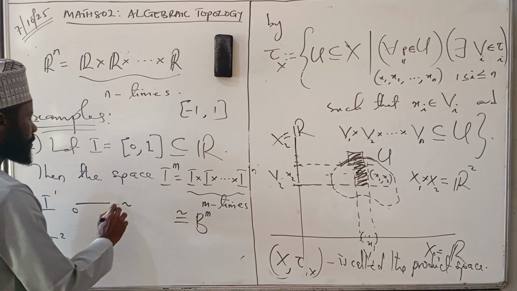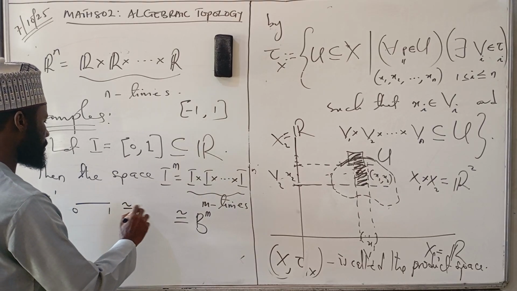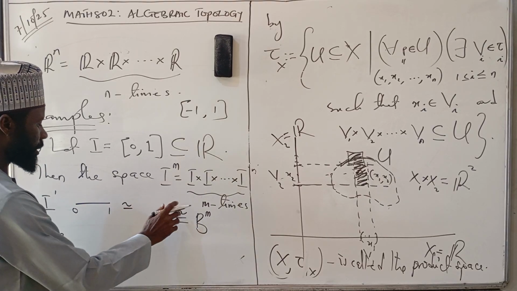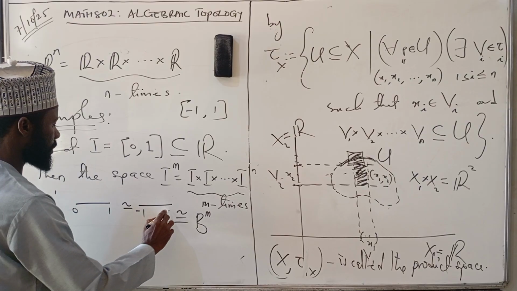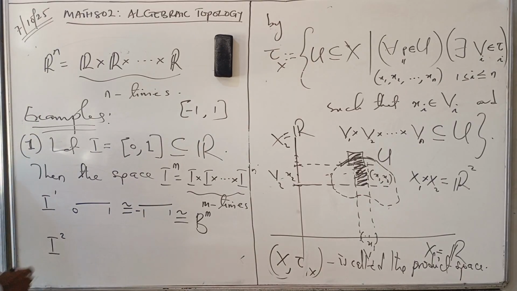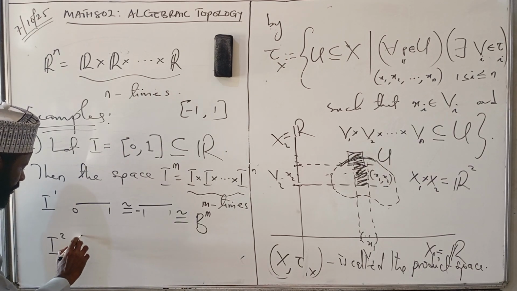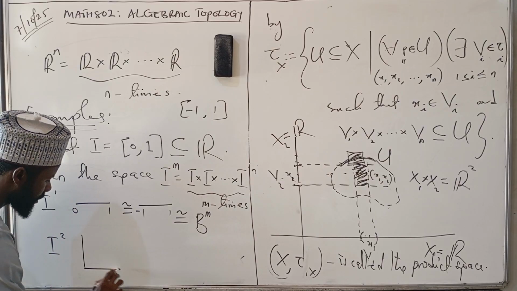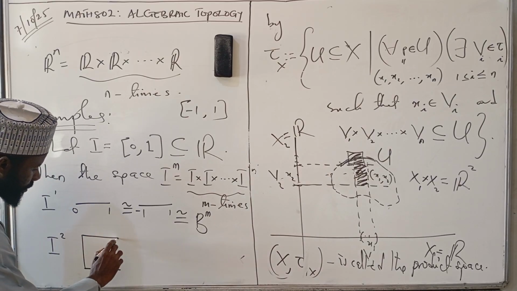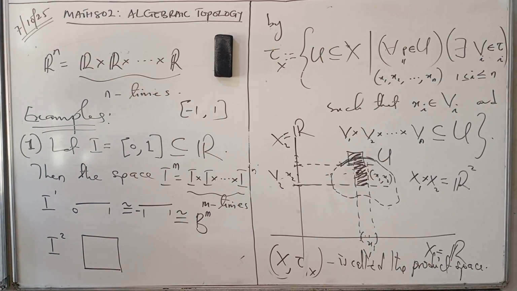And this is homeomorphic to the ball of minus 1 and 1. Homeomorphic to it. But how about I2? I2 will look like this, because you are taking I and crossing with itself, and it's everything inside.